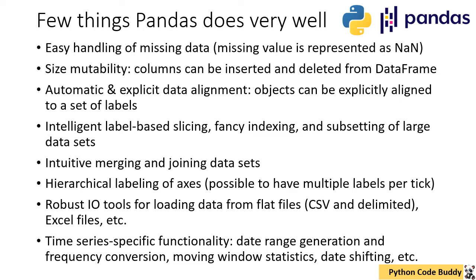And then there is intelligent label based slicing, indexing and subsetting of large data sets. Then you have intuitive merging and joining of data sets, then hierarchical labeling of axes, so it's possible to have multiple labels per tick, and then robust input output tools for loading data from flat files like CSV files and other delimited files, Excel files, etc.